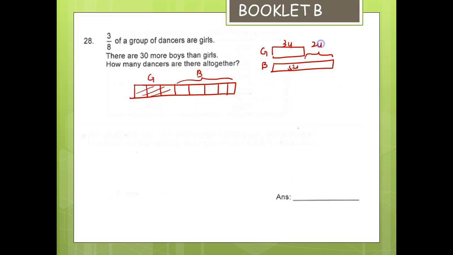Difference of 2 units. So 30 more boys than girls, so 2 units is 30, 1 unit is 30 divided by 2, which is 15. How many dancers are there all together? There are 8 units, so 15 times 8, answer is 120.